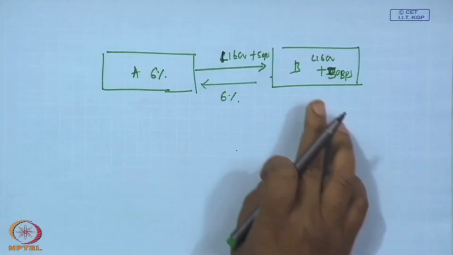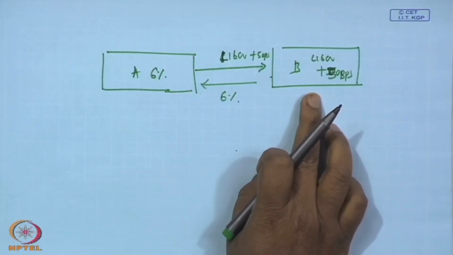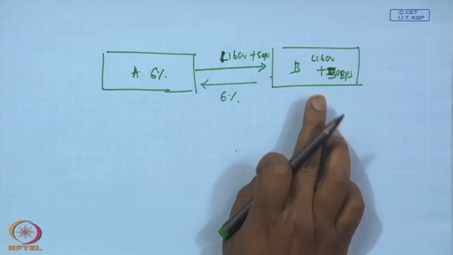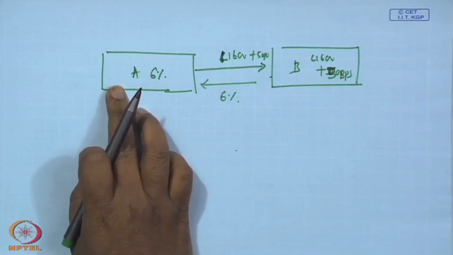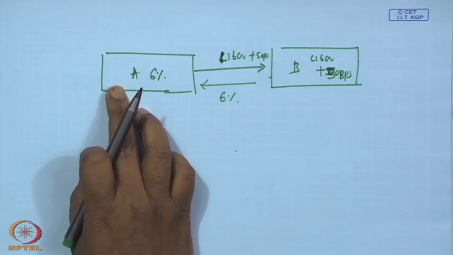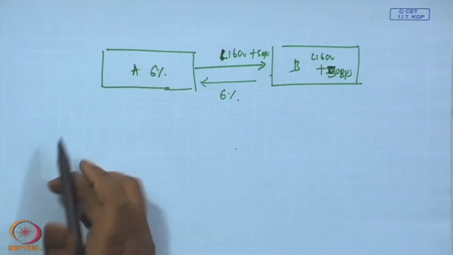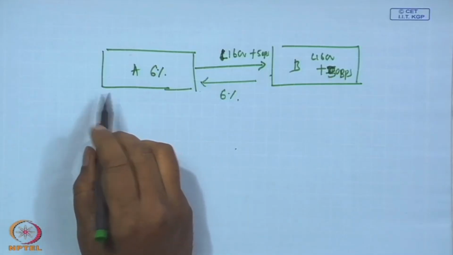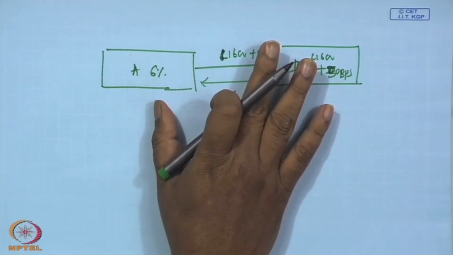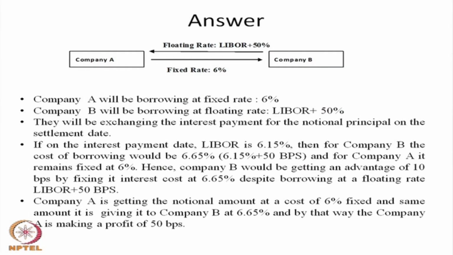In this process, company B is making its interest rate fixed and company A is accepting the floating interest rate of LIBOR plus 50 basis points. Suppose the swap transaction effective date is one year, but every year the swap transaction takes place.